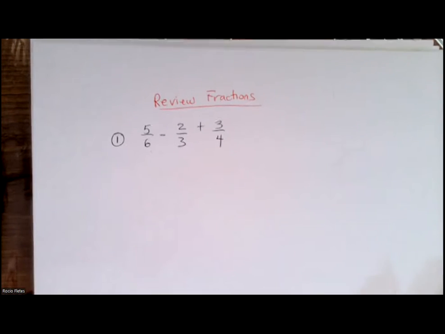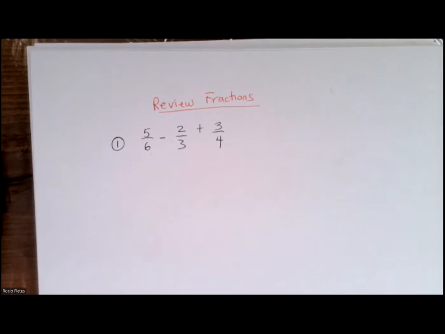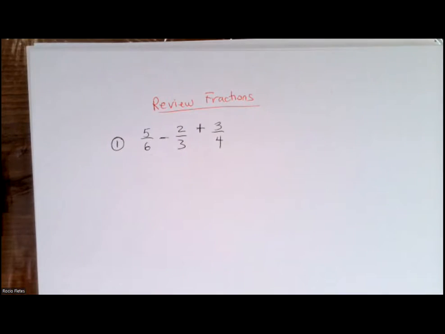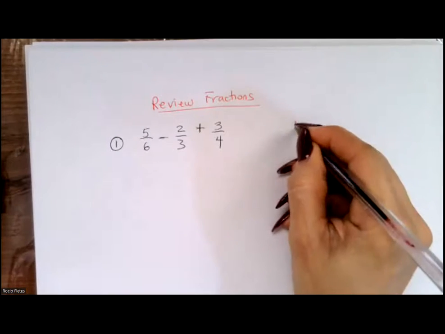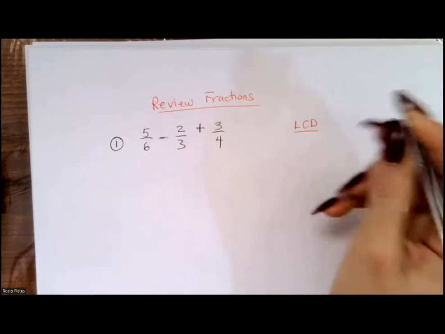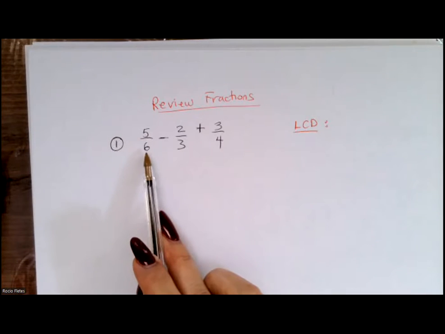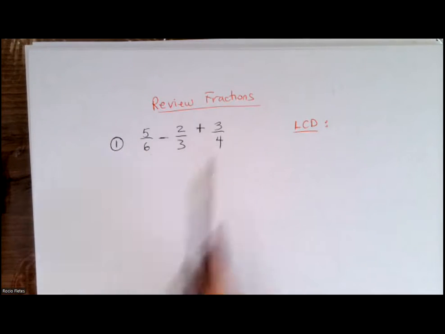Notice that you have three fractions, and we need to find the least common denominator before we can subtract and add. Whenever you're adding and subtracting fractions, you need to find the LCD, the least common denominator. The denominators here are 6, 3, and 4.